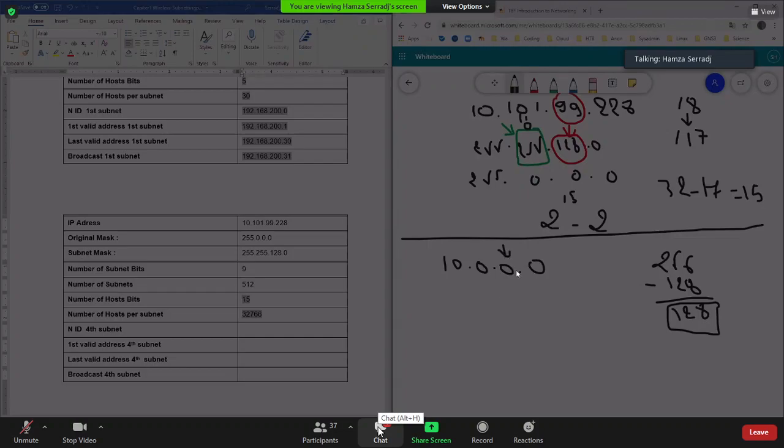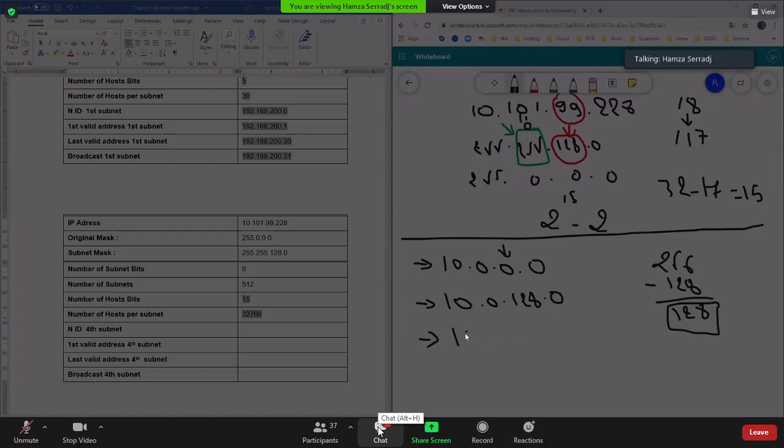But I need to initialize those ones because they belonged to the host before; I just pushed them to the network part. All right, so this is the network ID of the first one. Network ID of the second, 10.0.128.0. This is the second one.